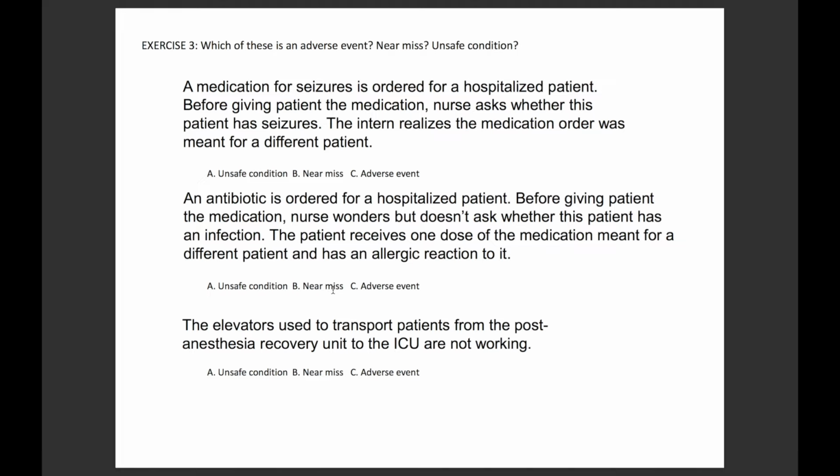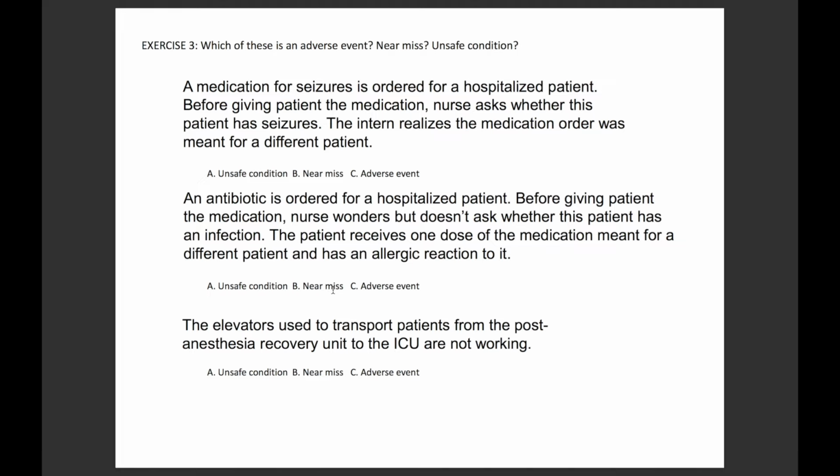The elevators used for transporting patients from the post-anesthesia recovery unit to the ICU are not working. So this is an example of an unsafe condition. But it needs to be reported as an unsafe condition.